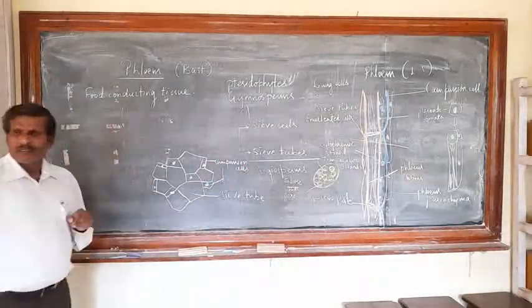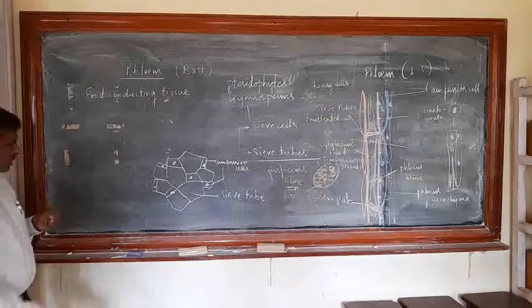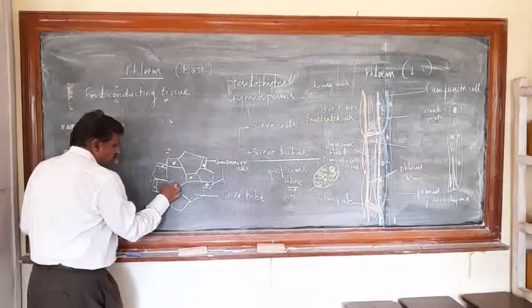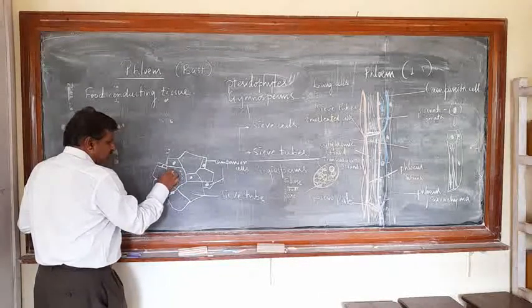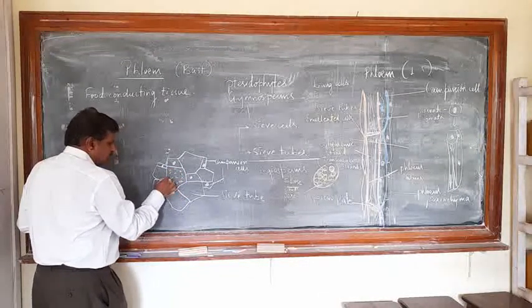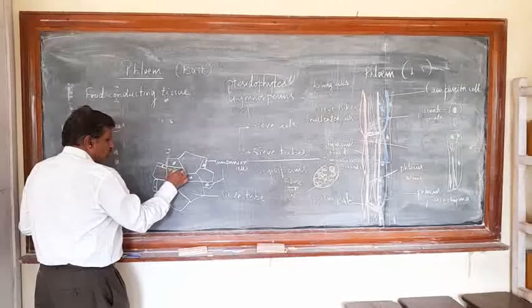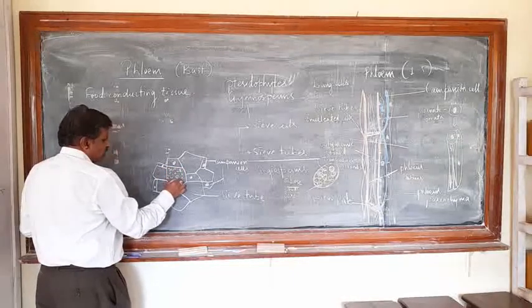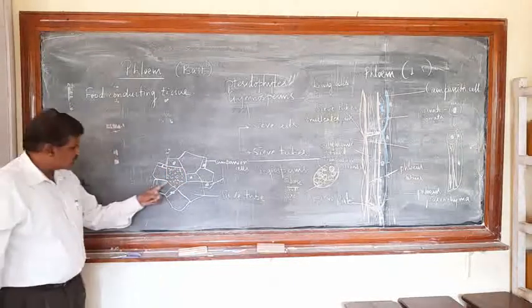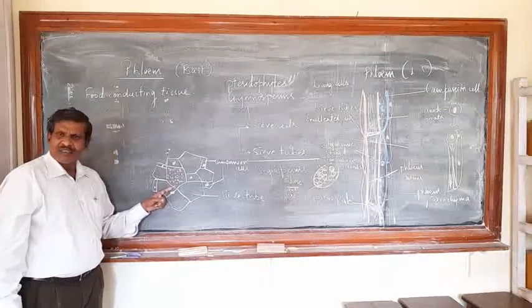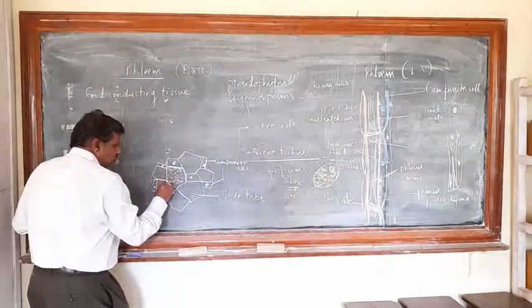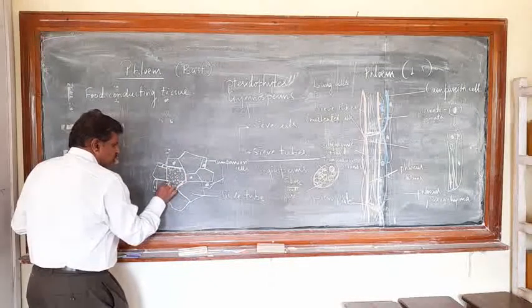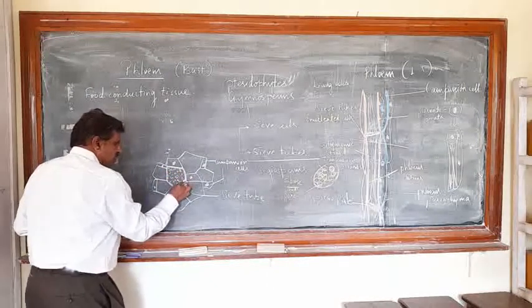In addition to that, you can also see the sieve plate. If the section passes through the sieve plate, then you can observe the pore-like structures in the sieve tube cell. Remember, this sieve plate is present in the sieve tube.